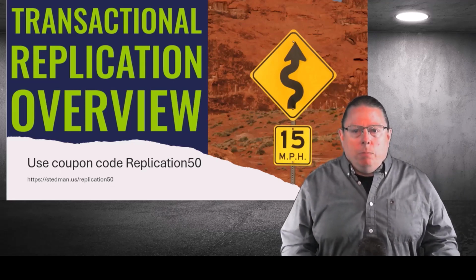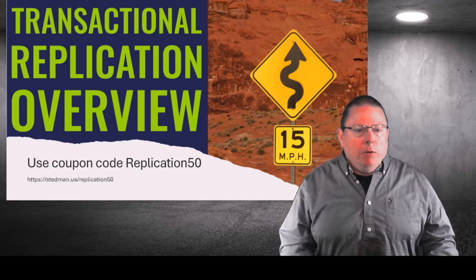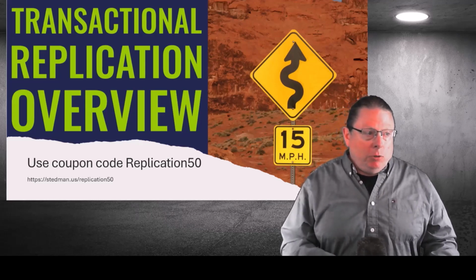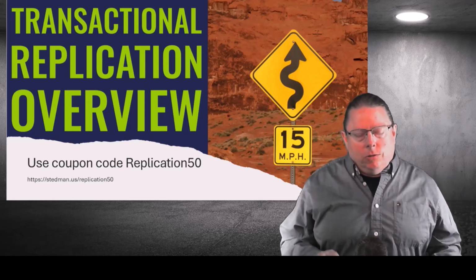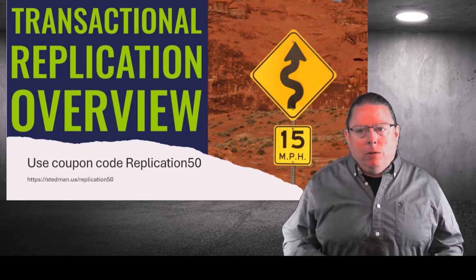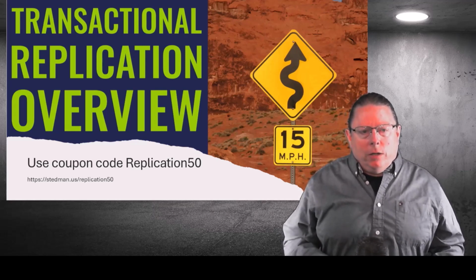If you had a small enough data set that you could resynchronize with snapshot replication every 2 or 3 minutes, usually not feasible with snapshot, but theoretically if you did, the effect would be similar to transactional replication.